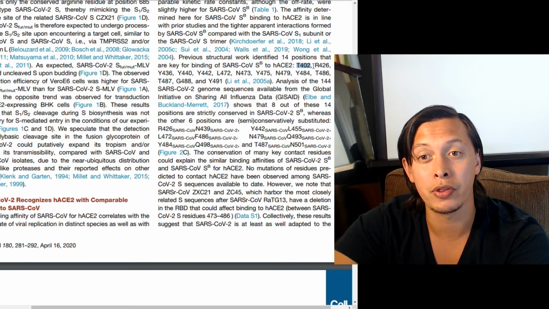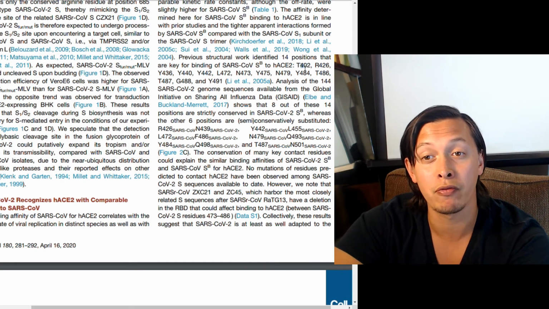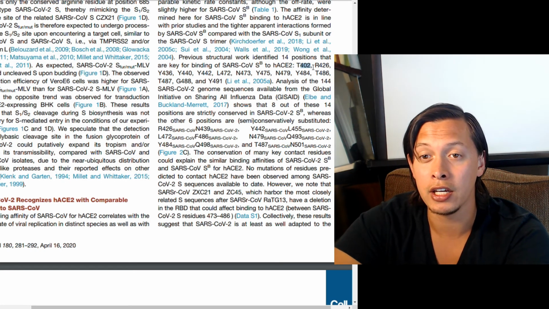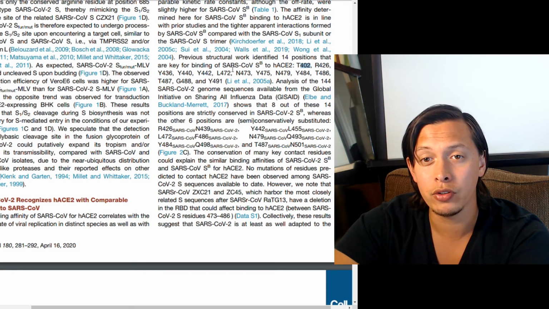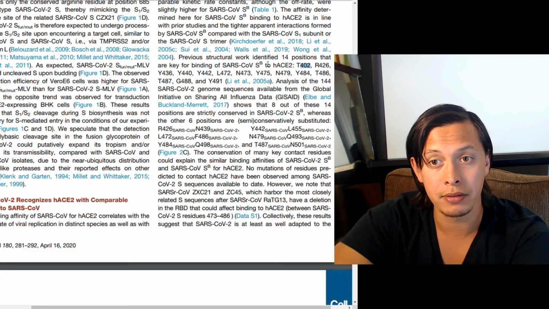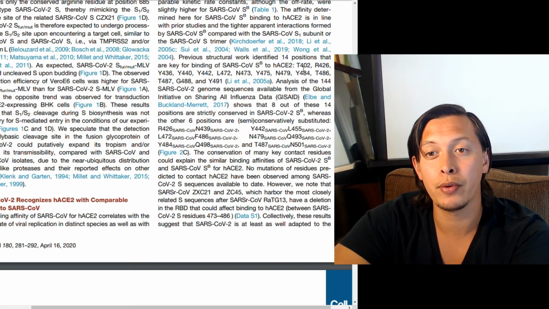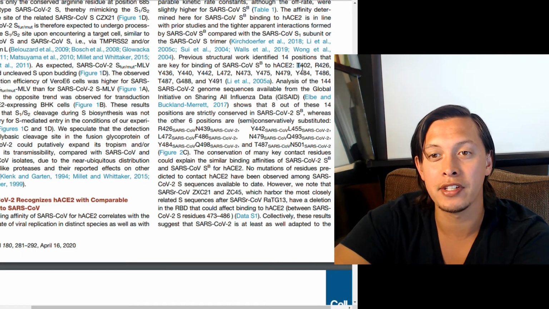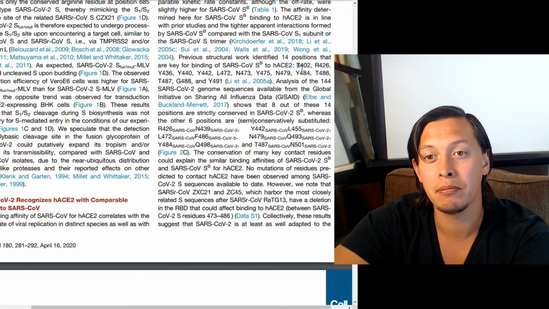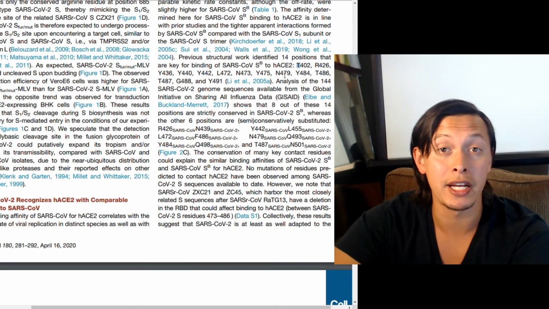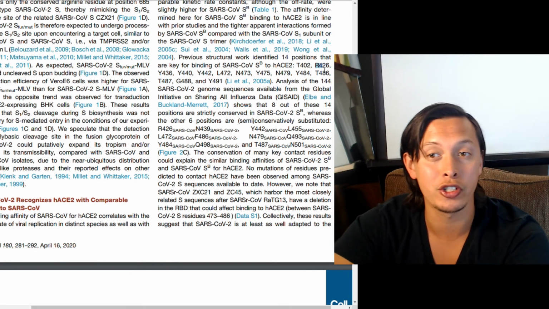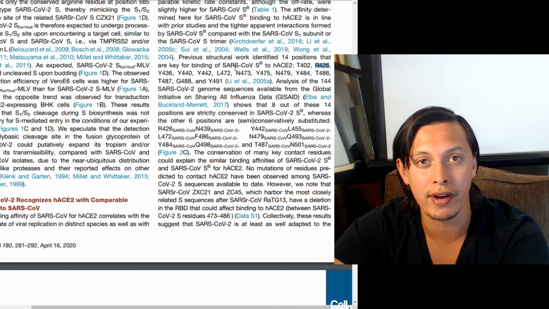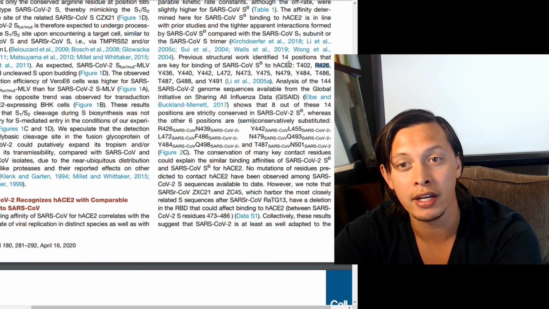What they're saying is that at position number 402 of the original SARS coronavirus spike protein, the threonine at this particular site plays an important role in interacting with the human ACE2 receptor. The same thing goes here: the arginine at the 426 site of the SARS coronavirus spike protein interacts well with the human ACE2 receptor.